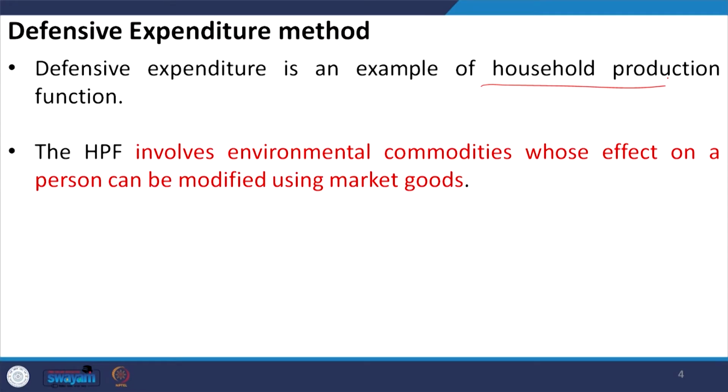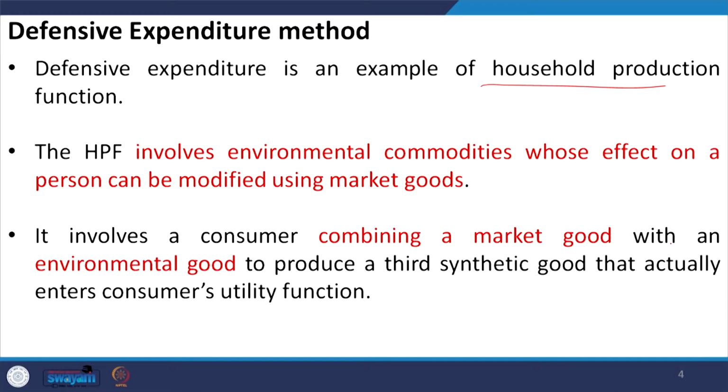Again, household production functions involve some environmental goods or commodities whose effect on the person can be modified by using some market good. So, here we are using the market good, that is Aquaguard, and the effect of the environmental commodity, that is the effect of bad water quality, can be avoided.